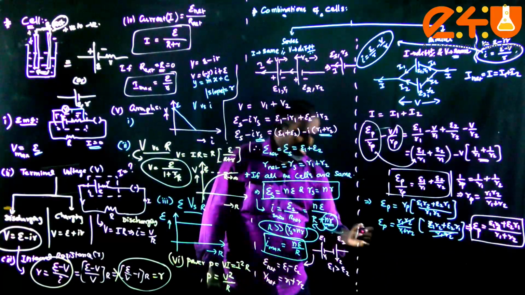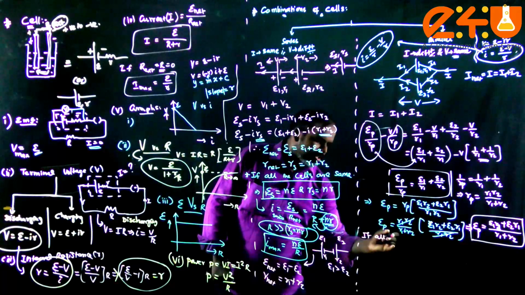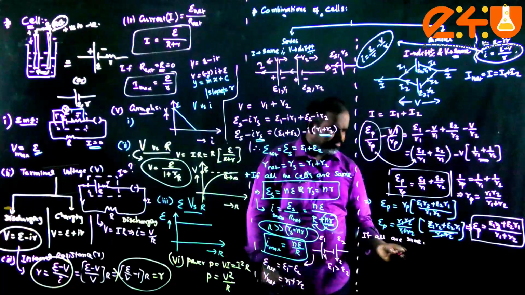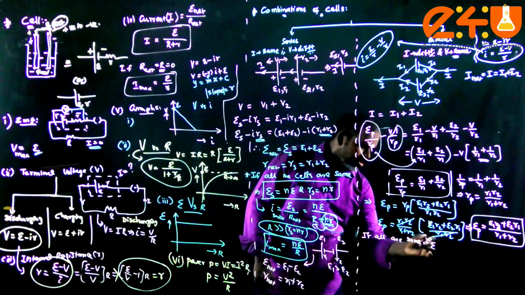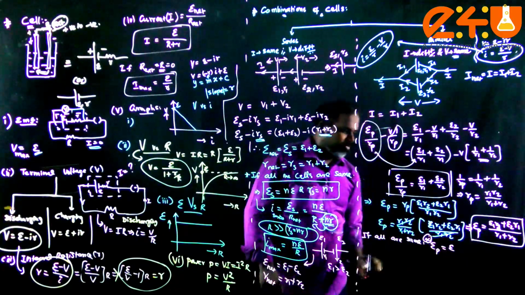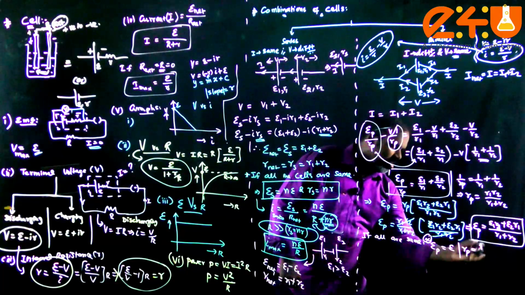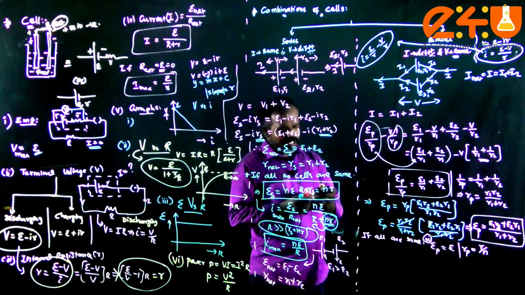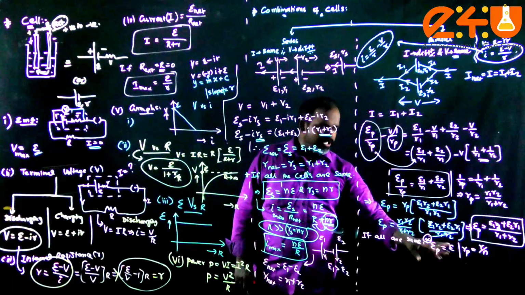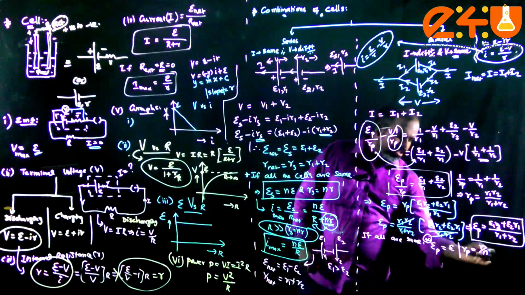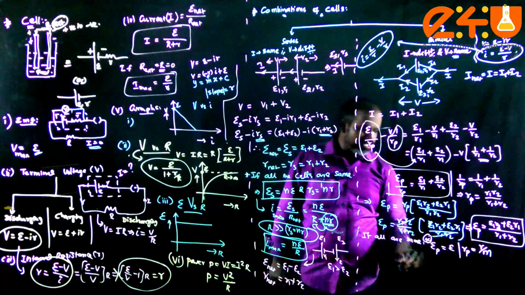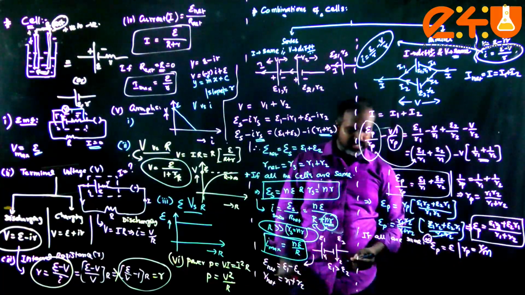As we said earlier, if the cells are identical, we can say that E net will be, this is a very important result which will differ from the series combination, E parallel is equal to E itself, but R parallel is equal to R by N. R parallel equal to R by N. Whatever may be the identical cells we use, say for example M number of cells, to avoid confusion of the indices, that is R by M. M number of identical cells are used.